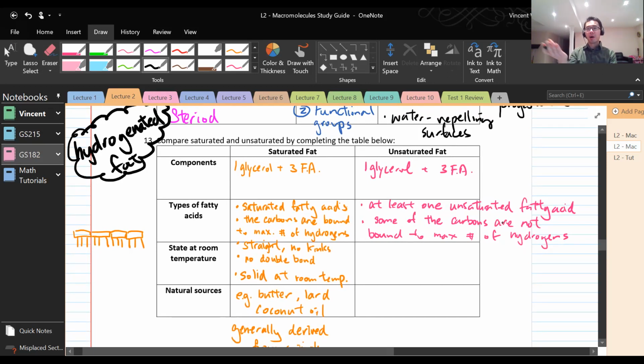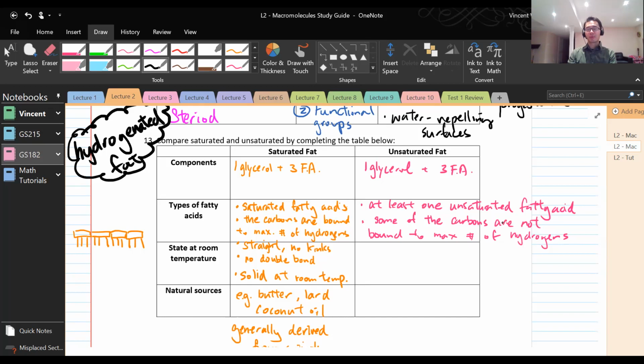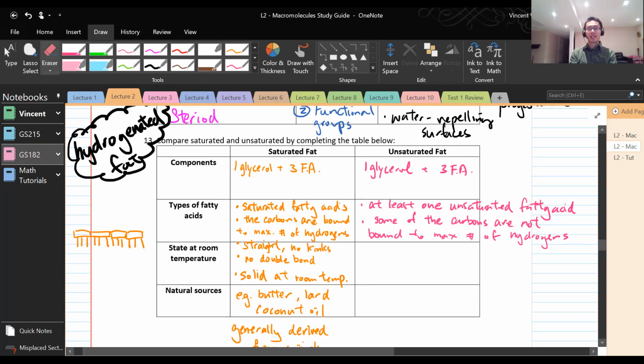Like margarine, right? What's the slogan? Can't believe it's not butter. That's hydrogenated fat. Very unhealthy in a sense, right? Because you chemically convert a liquid type of fat into a solid form, so you can spread it on your toast, right? And that is hydrogenation.